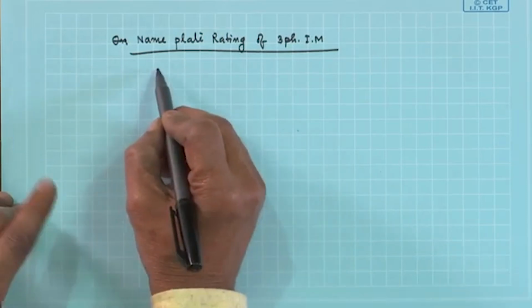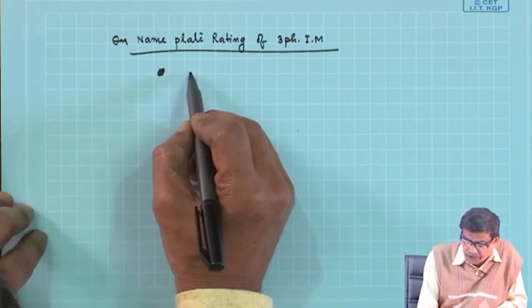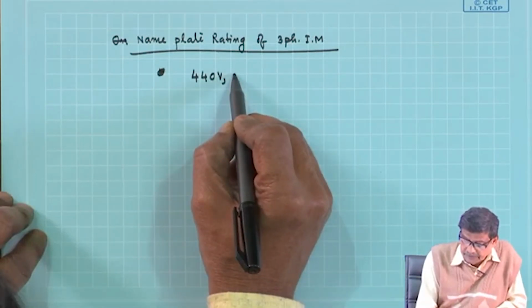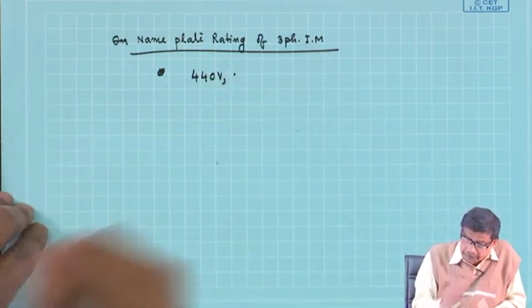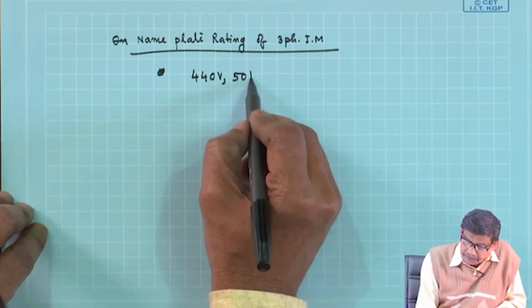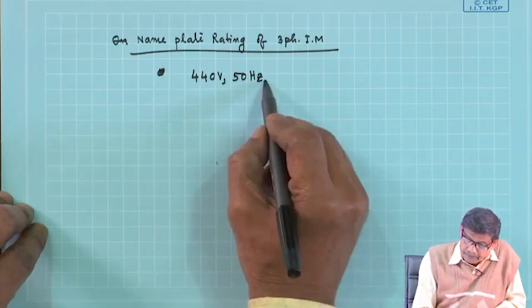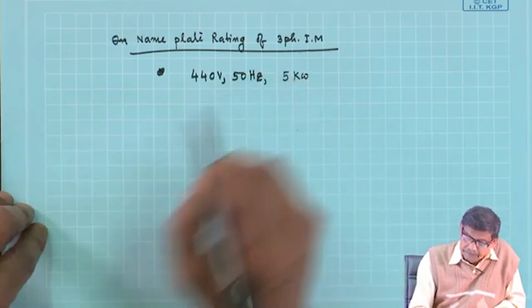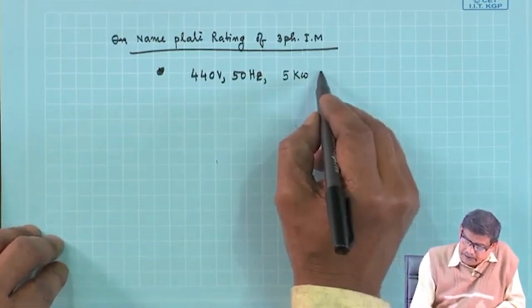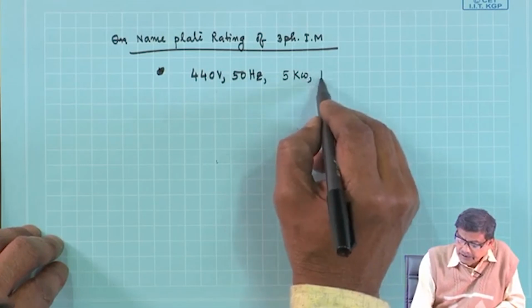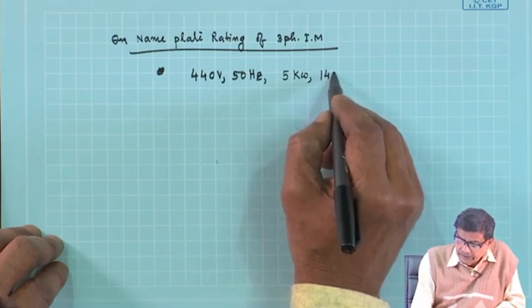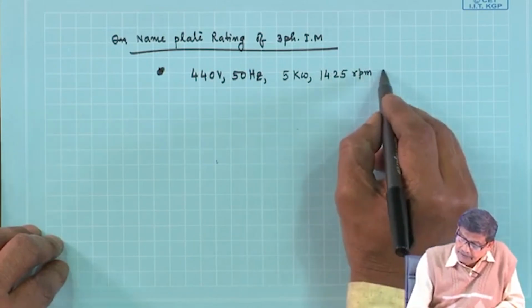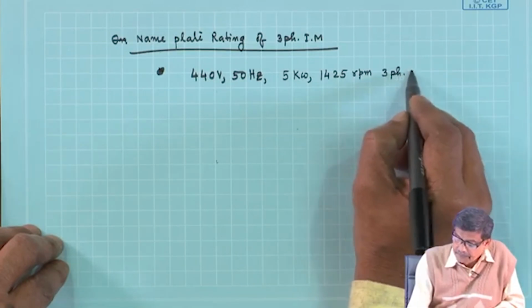Say, for example, I write 5 kilowatt, 440 volt, 3 phase, 50 hertz, and what else will be written is, say, 1425 RPM, 3 phase induction motor.